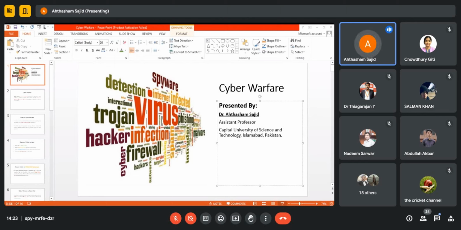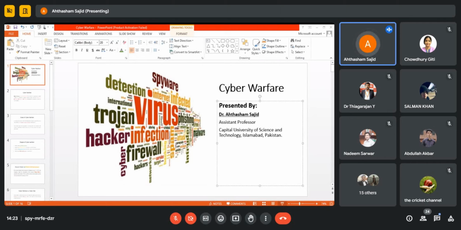So, what is cyber warfare? It is basically a set of actions which could be used by a nation or organization to attack another country or institution over their network with the intention of either disrupting, damaging, or destroying infrastructure by using malware or denial of service attacks.